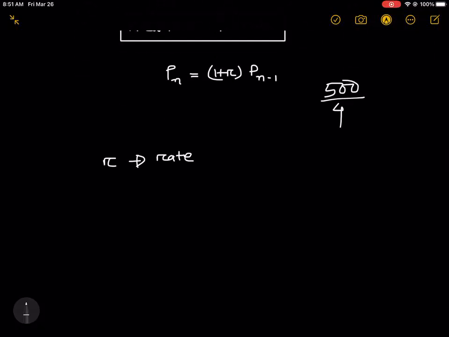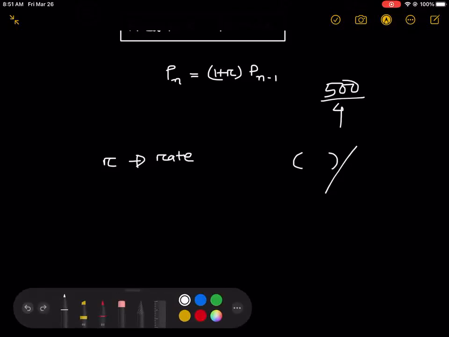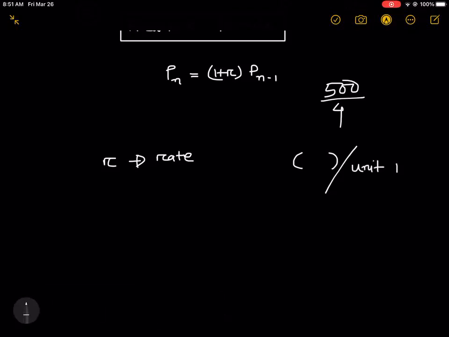That means you're trying to find a value per unit time. So we're looking for a value for a change. It could be an increase, it could be a decrease, doesn't matter. We are looking for a change per unit time.